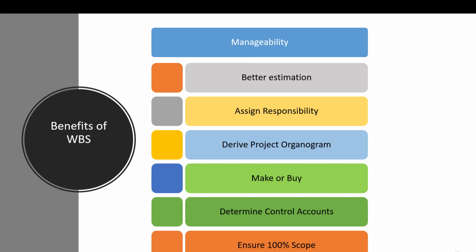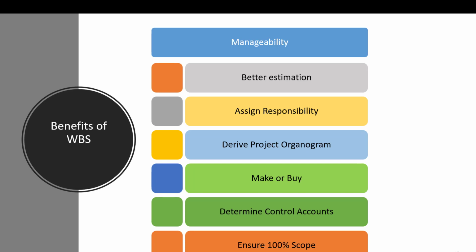Now, at the work packages level, responsibilities and accountability are assigned. So that helps to delineate the roles and responsibilities within the project. This in turn helps the project manager to build the organization structure in terms of reporting.